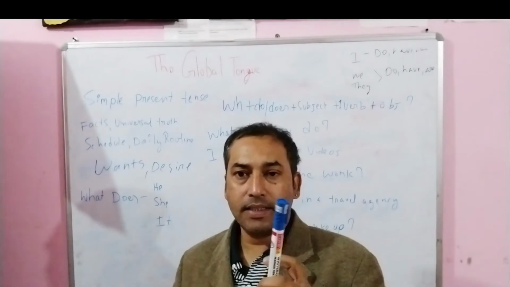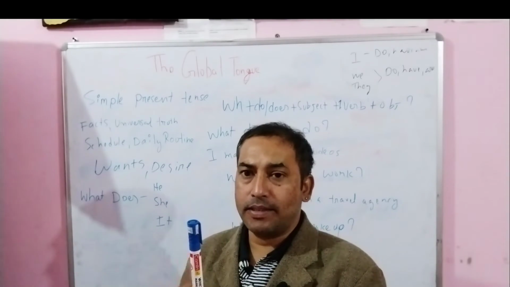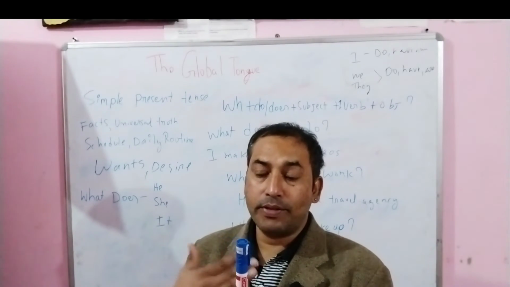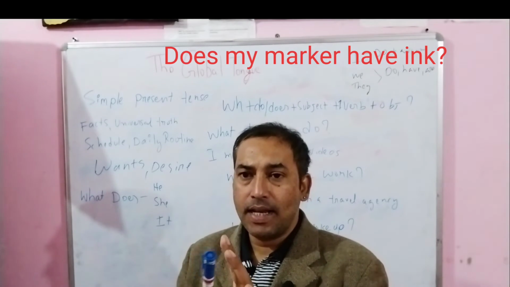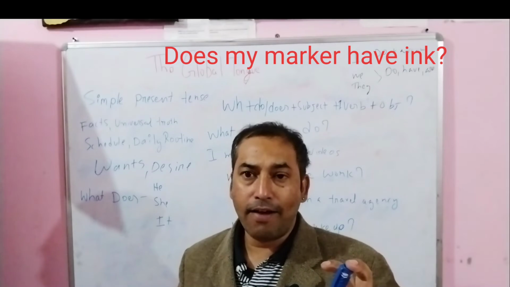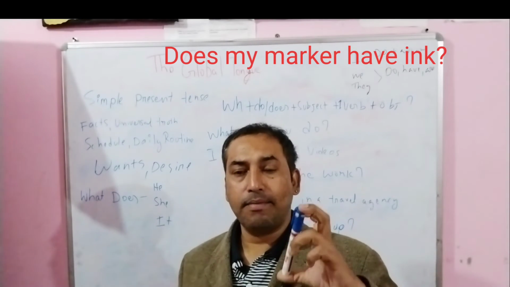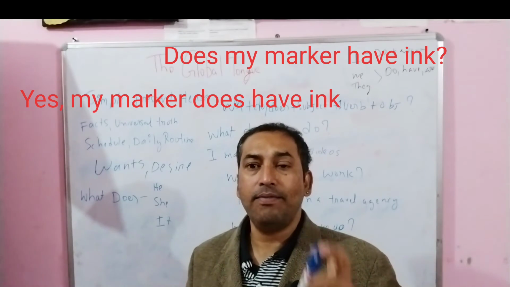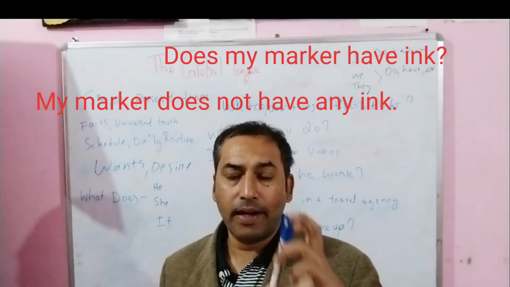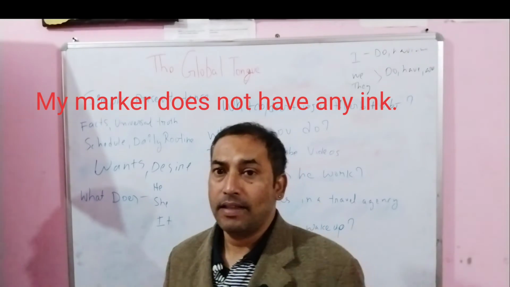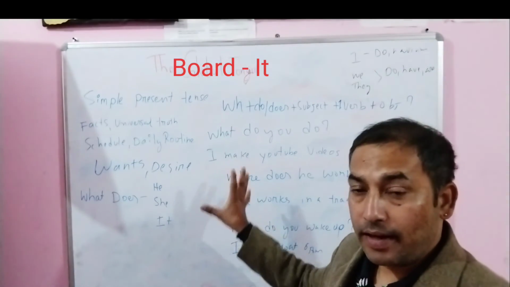Marker is singular and it is a non-living thing, third person. So before that I have to use does. So does my marker have ink? I could say yes, my marker does have ink, or my marker does not have any ink.